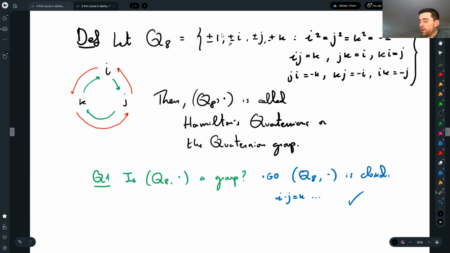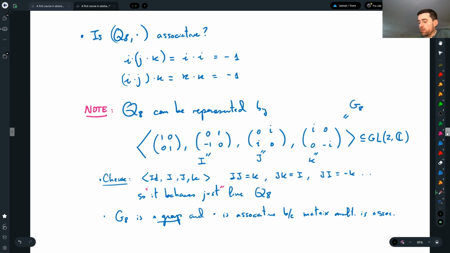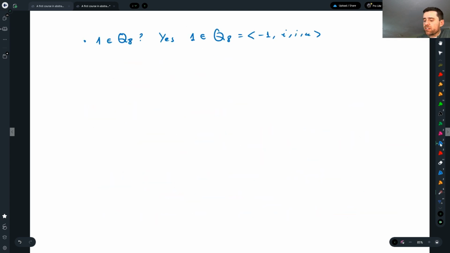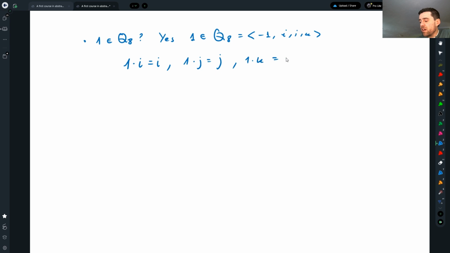Here is 1, and 1 works as the multiplicative identity because 1 times I is I, 1 times J is J, 1 times K is K, 1 times minus 1 is minus 1, etc. So it works for every single element.